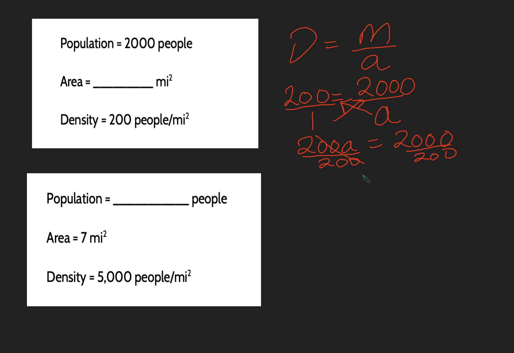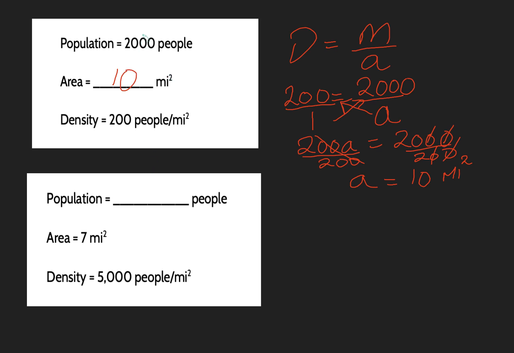And that cancels, leaving me with A, the area. And then I'm going to divide this. I'm not going to use the calculator. This is very simple. This 0 cancels this 0. This 0 cancels this. And 20 divided by 2 is 10. So your area is 10 square miles. So here, this would be 10.